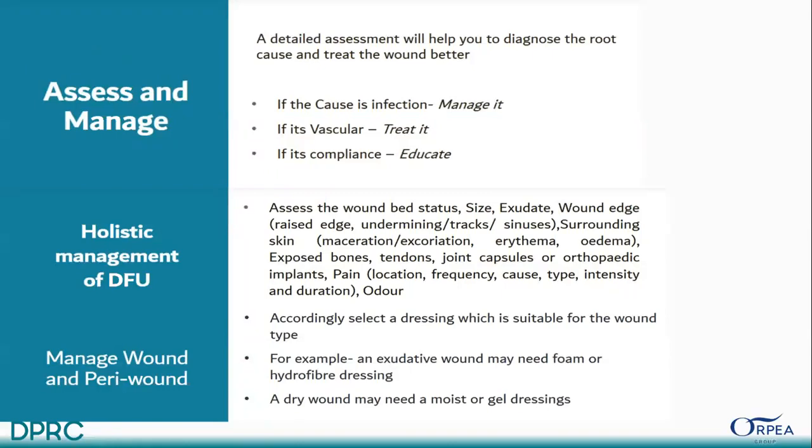Pain: the location, the frequency, the cause, the type, the intensity and duration, and the odor. Accordingly, select a dressing which is suitable for the wound type. For example, an exudating wound may need foam or hydrofiber dressing. A dry wound may need a moist or a gel dressing.